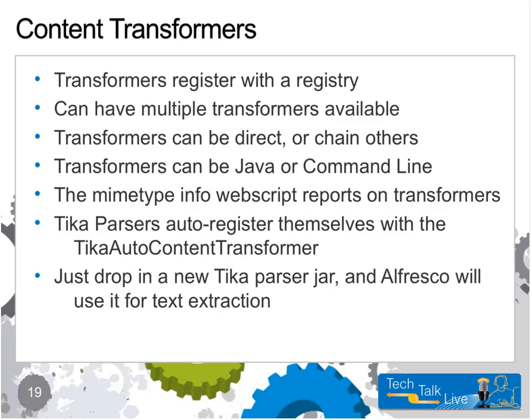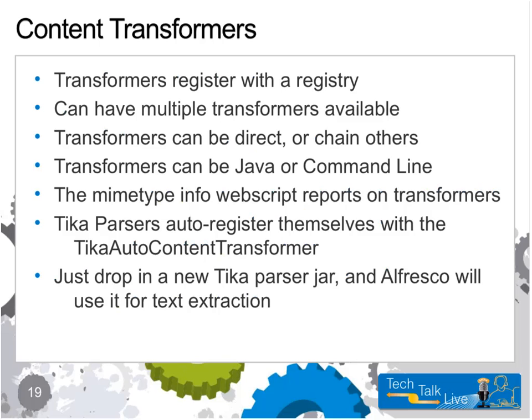So, content transformers. Again, as with metadata, there's a registry of these that can be picked up as needed. And you can have more than one transformer registered for a given pair of MIME types, and then the best one can be picked. And you can have simple direct transformers from A to B, run this command, execute this class, we're done.